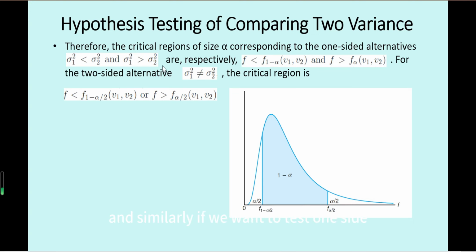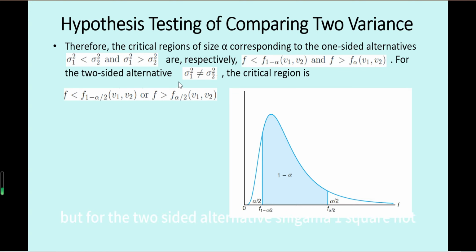Similarly, if we want to test sigma 1 square larger than sigma 2 square, then we look at whether the test statistic F is on the right side of this critical value. This critical value is F alpha V1 V2, right?